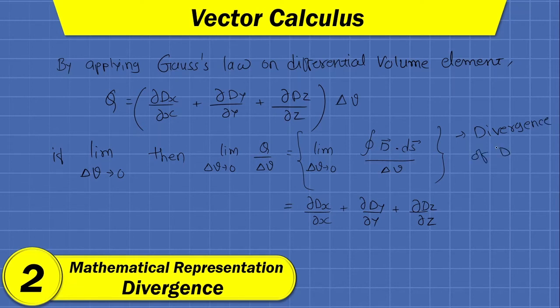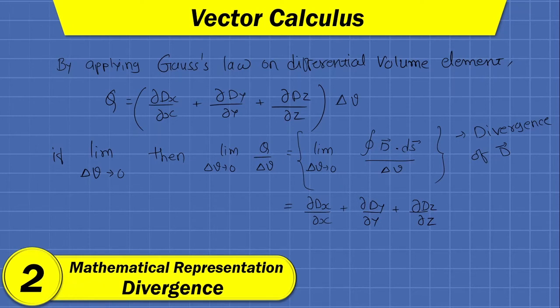Now the divergence is an operation which is only performed on vectors. Fine. And it is only defined when the closed surface is infinitesimally small.